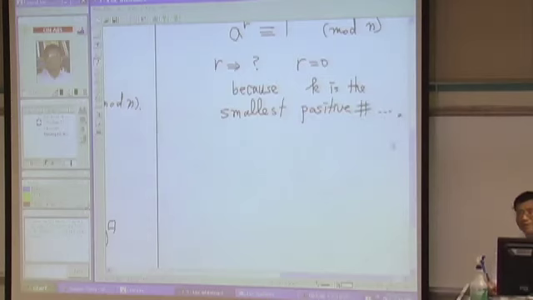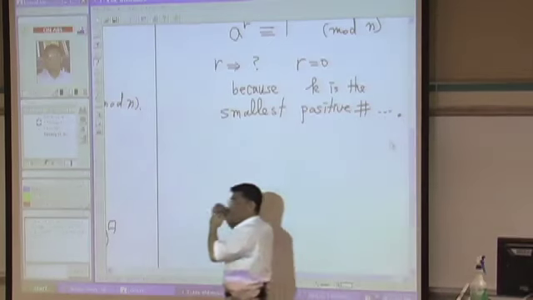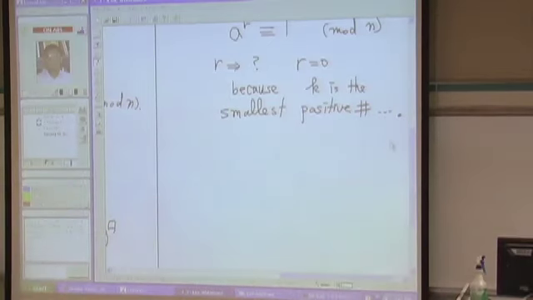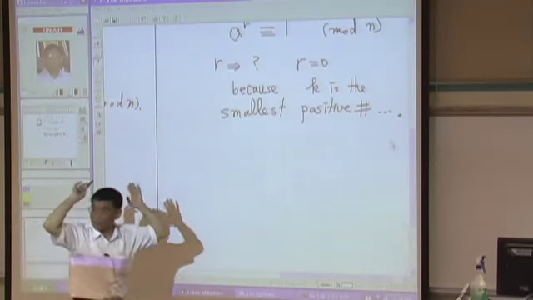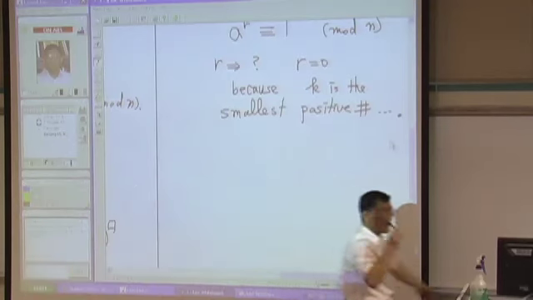If you find any positive number smaller than k satisfying the condition, then our choice of k was wrong. So it's against the definition. So it's impossible. That means r is 0.